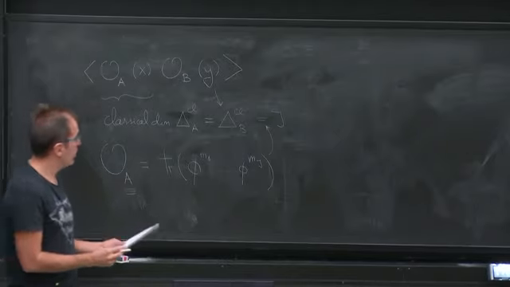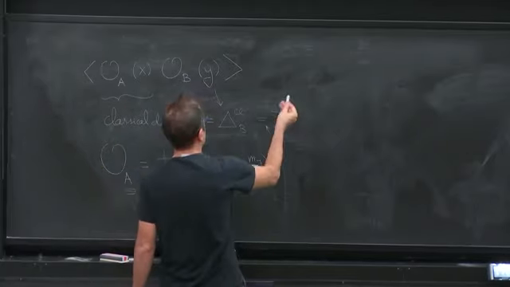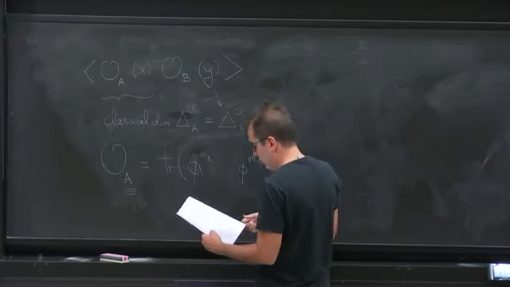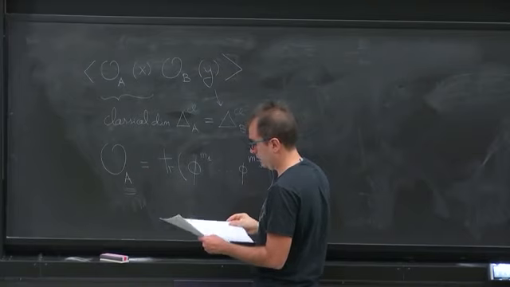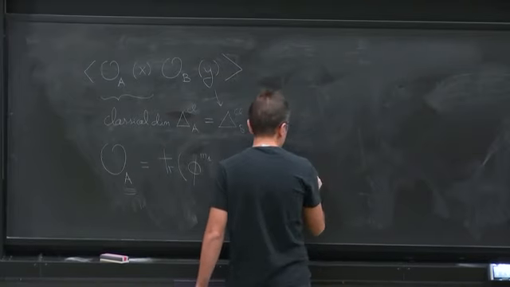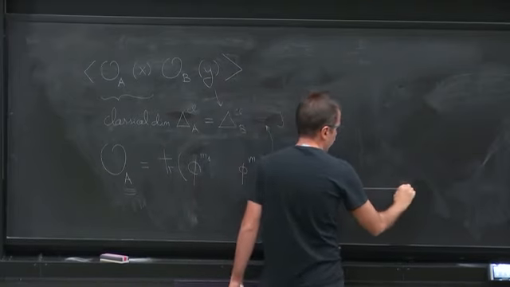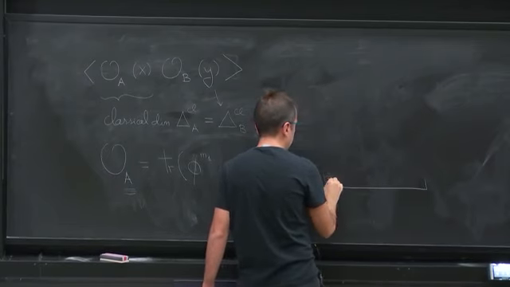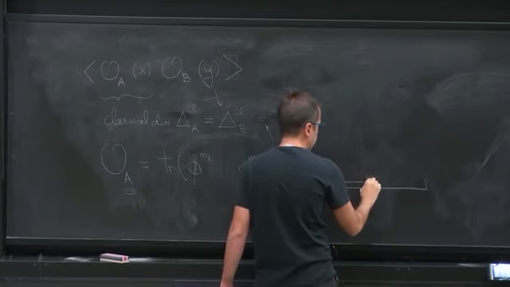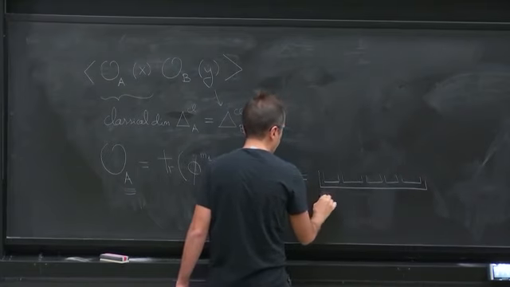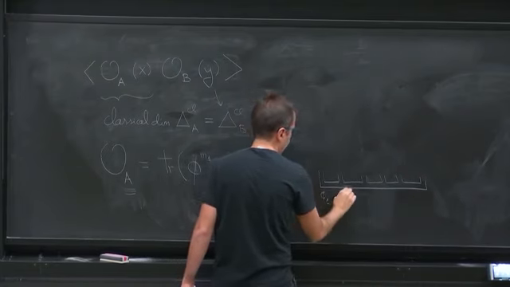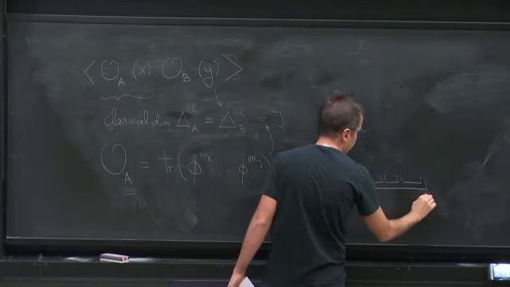And now what we are going to do is compute their correlation function. So this operator, if I draw it in our double line notation, is something like this, where here I have phi_1, here I have phi_2, and here I have phi_j.